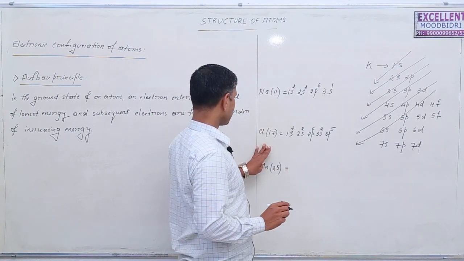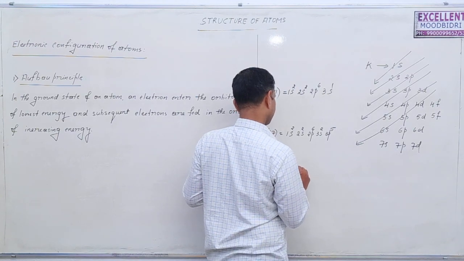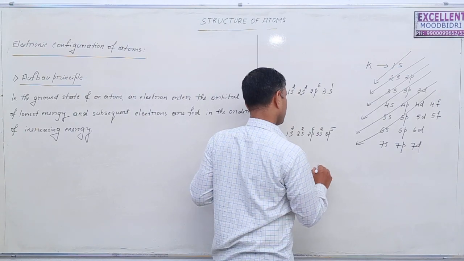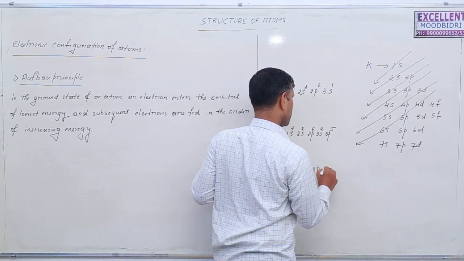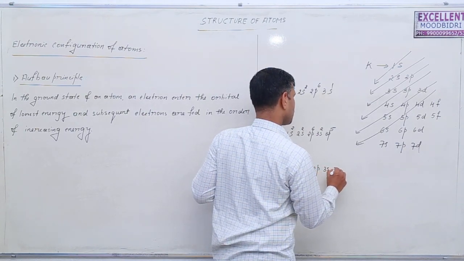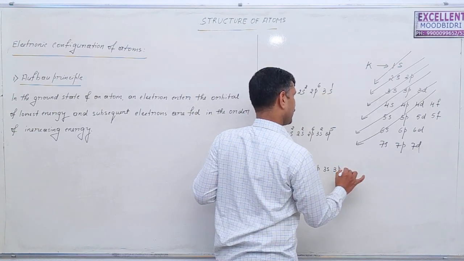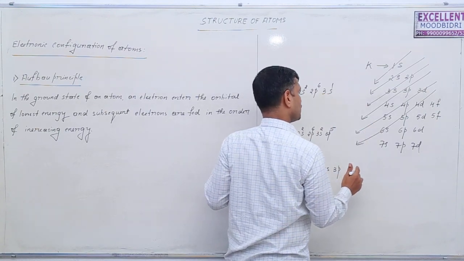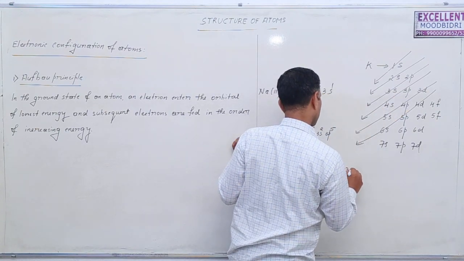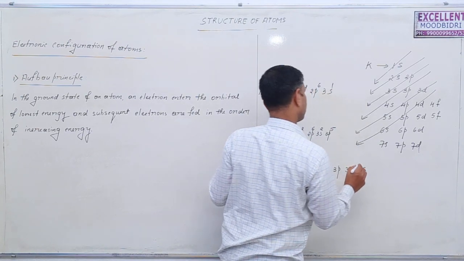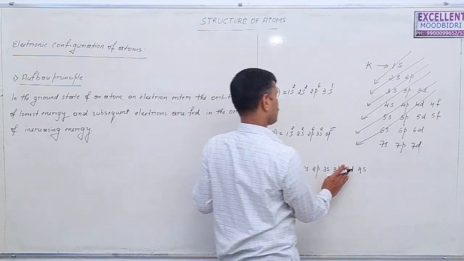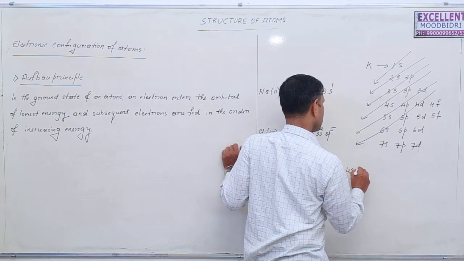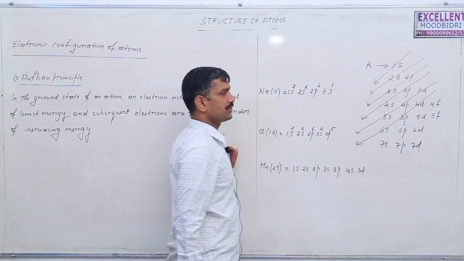It can be written as first 1s, next 2s, next 2p, next 3s, next 3p, next the 4s, but here the electron enters 4s first, then 3d.